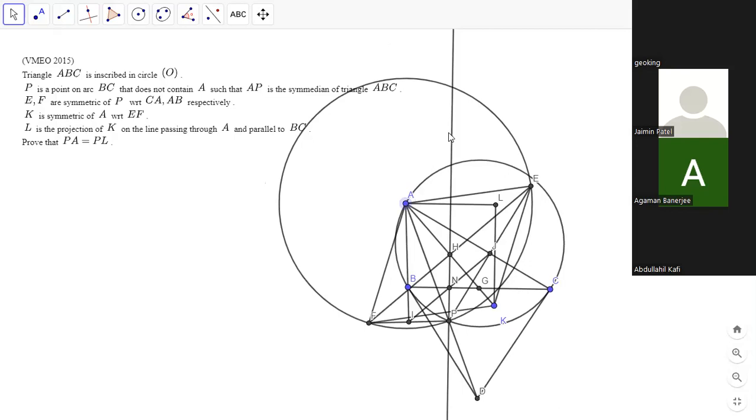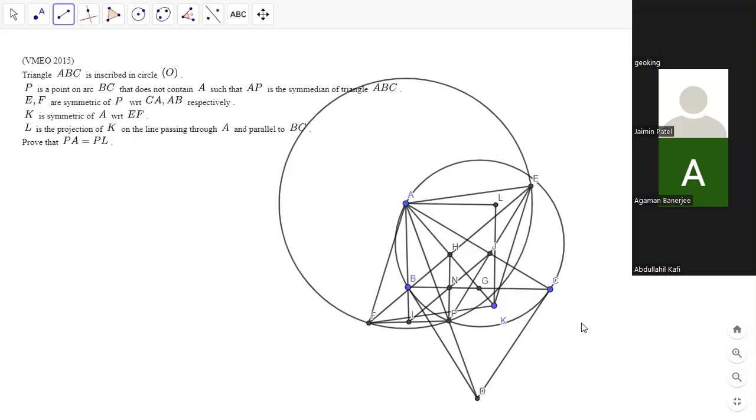I think there is some lemma, maybe the HM point. I think H will be the HM point. That is some theorem. So then we will know that the reflection of P with respect to BC would lie on the median.